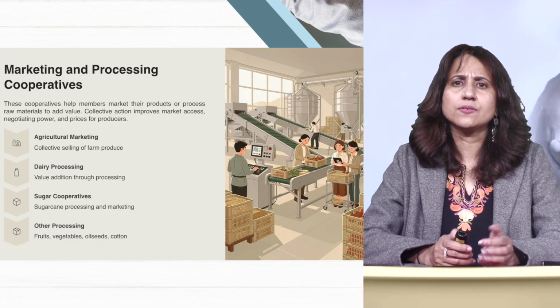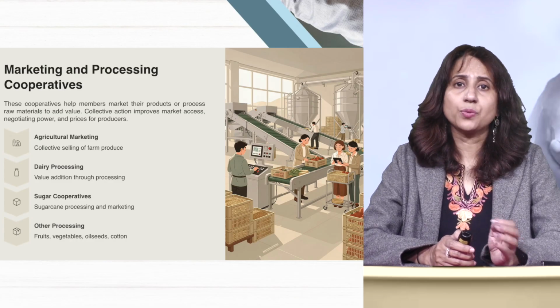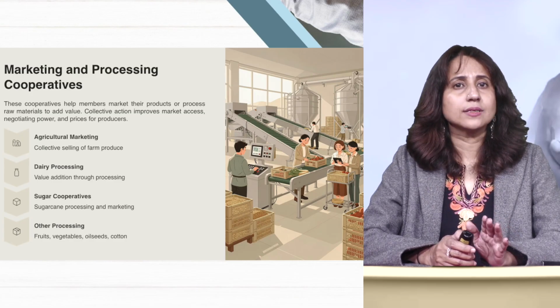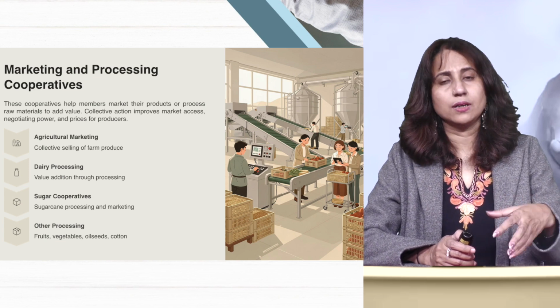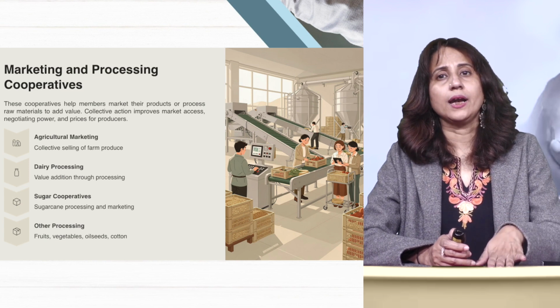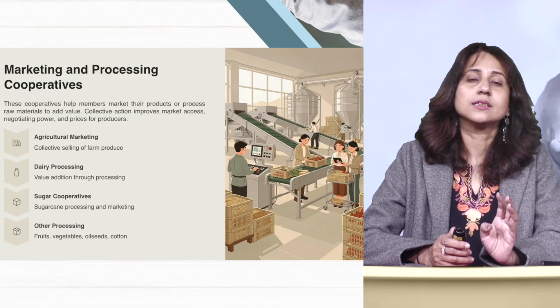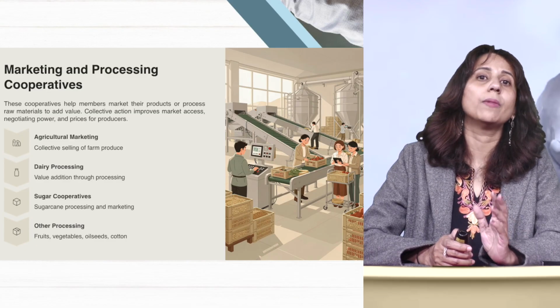Some cooperatives simply aggregate and sell produce on behalf of members. Others provide storage facilities to enable members to sell when prices are favorable rather than at harvest time when prices typically fall. And advanced marketing cooperatives provide grading, standardization, packaging, and branding services to improve the market value.